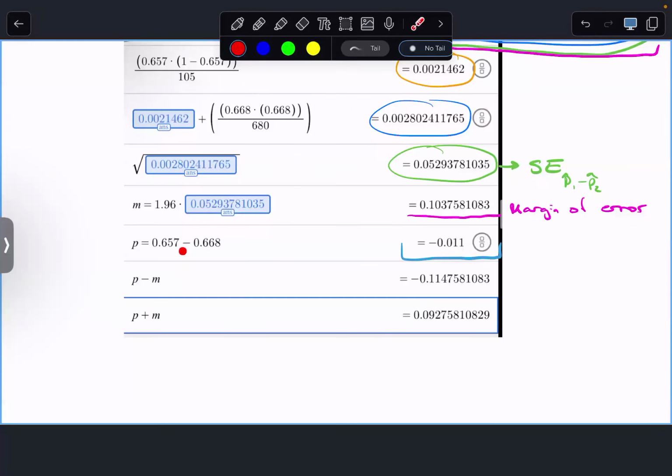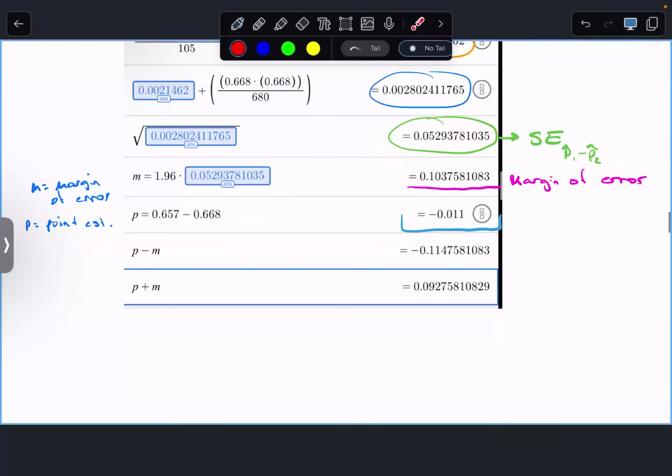I've got my point estimate. I want to go plus minus my margin of error, right? And so here, P is my point estimate, and M is the margin of error. My lower bound of my confidence interval then is negative 0.115, rounding to 3 decimal places.